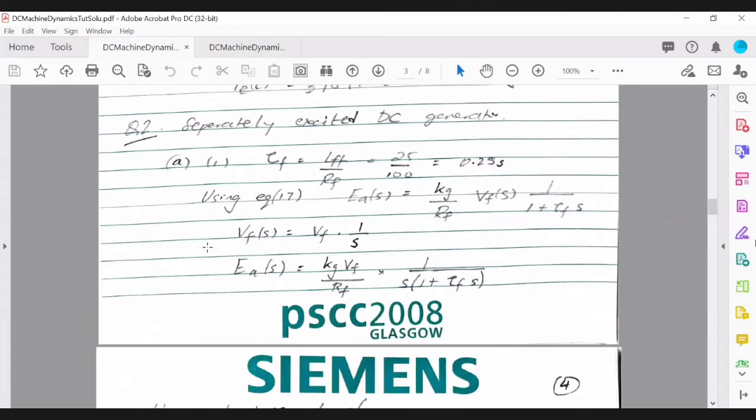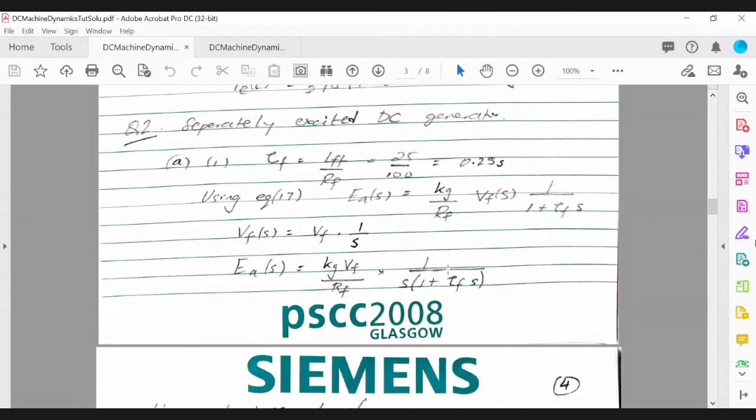Right, so you can see there I have basically worked out this time constant that is basically having the same formula, which is LF over RF. So I've worked out this time constant, and so also using equation 17 from your notes, that will be the voltage EAS for the DC generator.